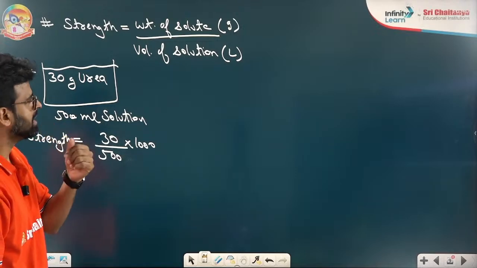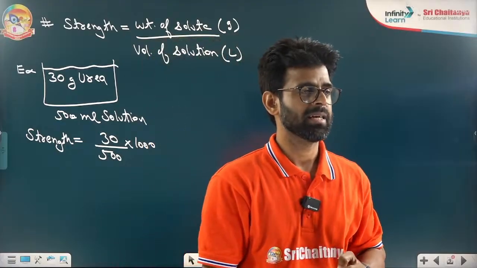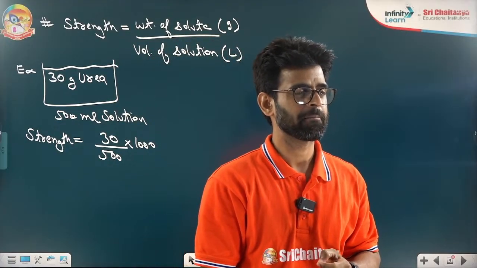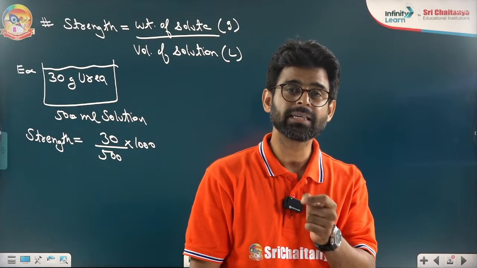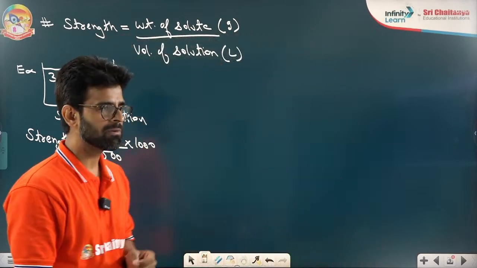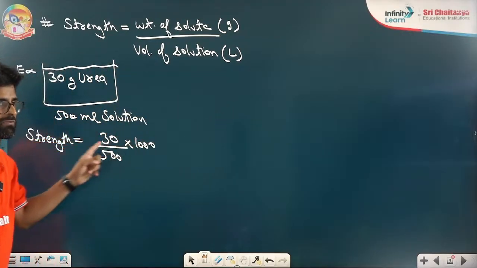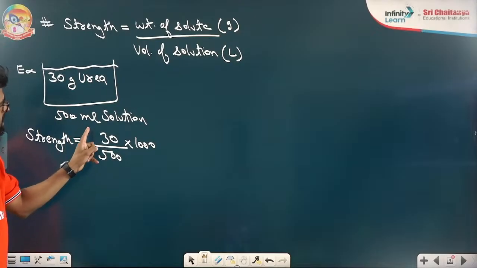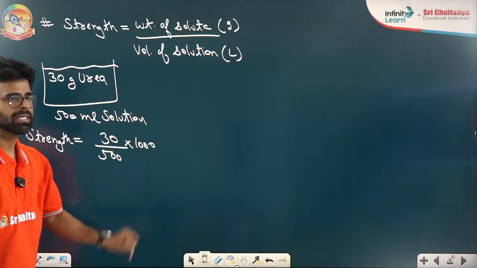So what do I have to take here? 0.06? Beta, I said 500 ml. Many of you are making the mistake. I said you have to take volume of solution in liter. It's 500 ml, and 30 is the mass of solute, okay? 500 ml, make it liter.